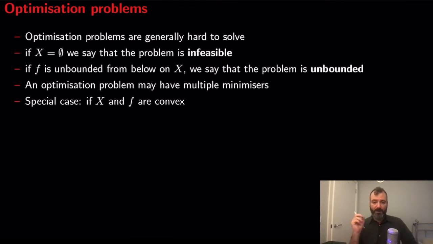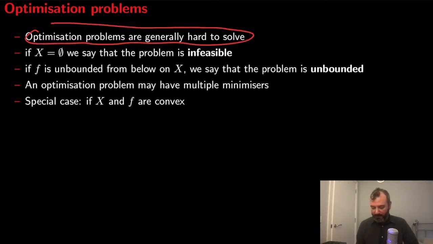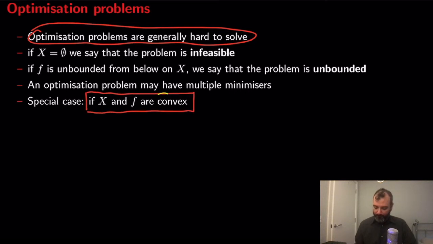And there is a special case of optimization problems. We stated here that optimization problems are in general hard to solve. There is a special case that might make things easier to work with: the case where x, big X, and f are convex.